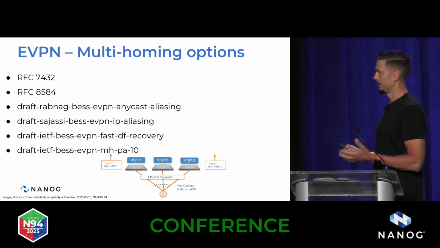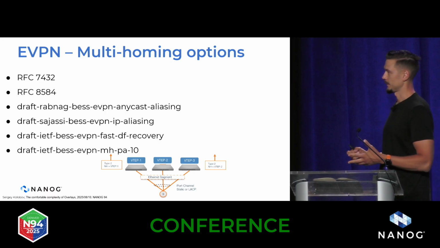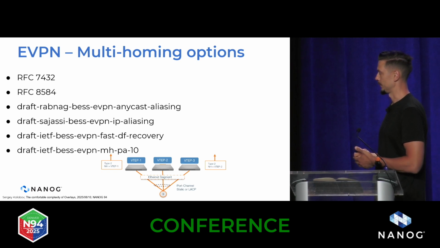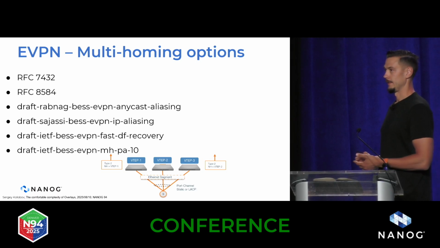So for example, if you have rack 1 where you had hosts in a multi-vendor environment multi-homed to a multi-chassis link aggregation pair of switches, and rack 2 where you have multi-homing to vPC, interop would be hard.